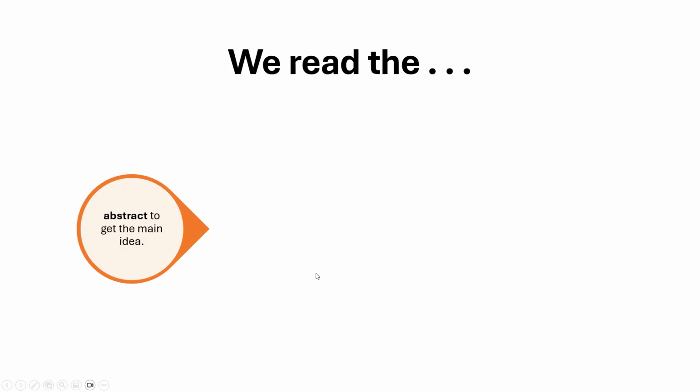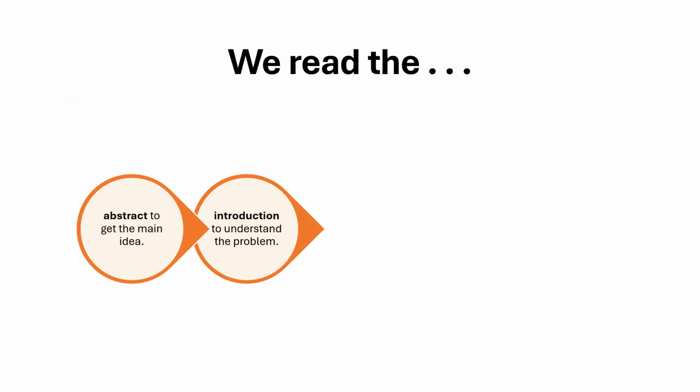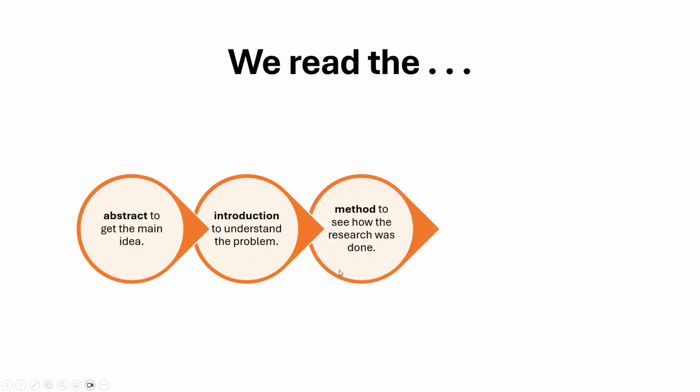So, in summary, we read the abstract to get the main idea of the article. By just reading the abstract first, you'll save yourself a lot of time to understand if the article is interesting to you or not. If it is, then go and read the introduction next, because the introduction can help us understand what the paper is all about and understand the problem that it's trying to solve.